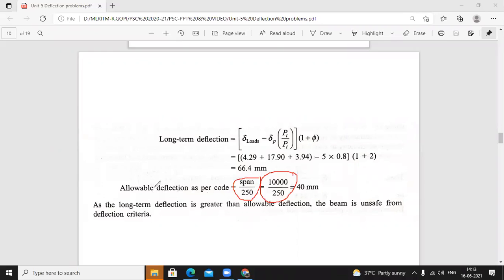It should not exceed 40 mm. Both short-term deflection as well as long-term deflection should not exceed 40 mm. Below 40 mm it is good. If above 40 mm, it is not good, the beam is not safe.